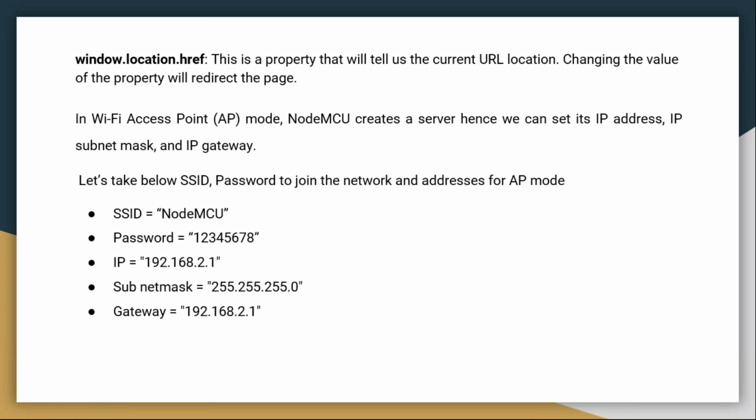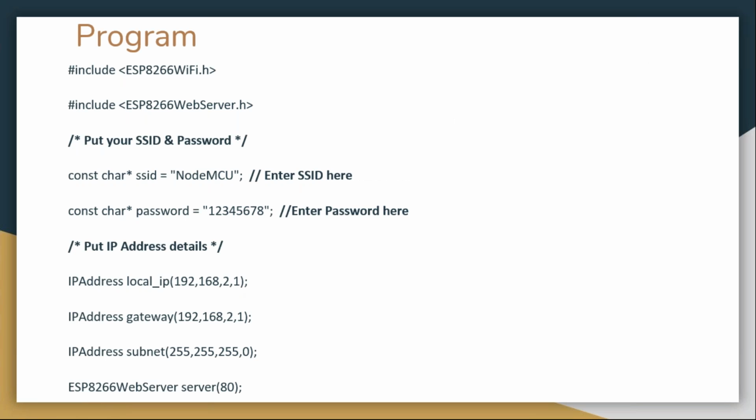One is WiFi.h, and another is ESP8266WebServer.h. WiFi.h for NodeMCU is the compulsory library, and if we are creating an AP or STA mode, we will have to include this second library.